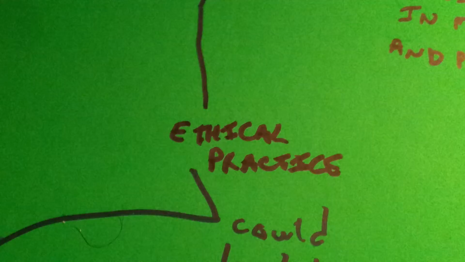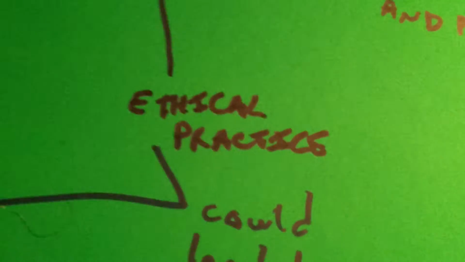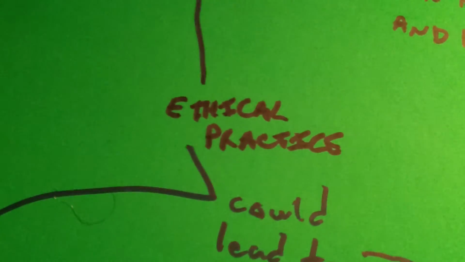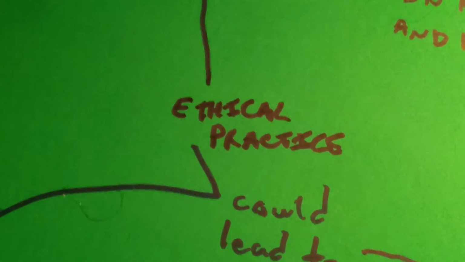So the question I posed at the beginning: how do I create ethical practice? How do I ensure ethical practice? I don't know. I'm not sure. But I have a couple of ideas. One, I think it can be attained by following professional codes of ethics, professional codes of conduct, and by developing a reflective practice.